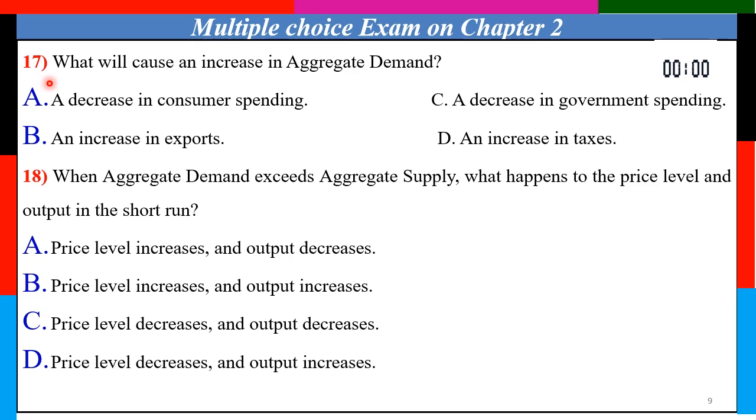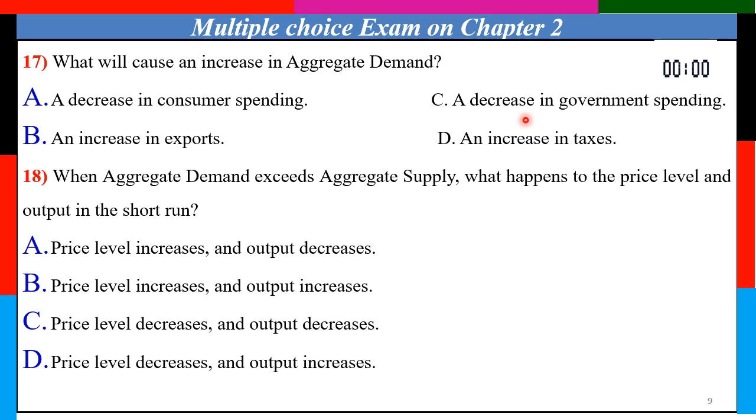Question number 17. What will cause an increase in aggregate demand? A. Decrease in consumer spending. B. An increase in exports.